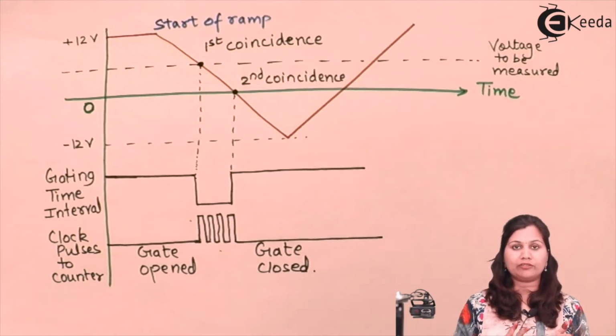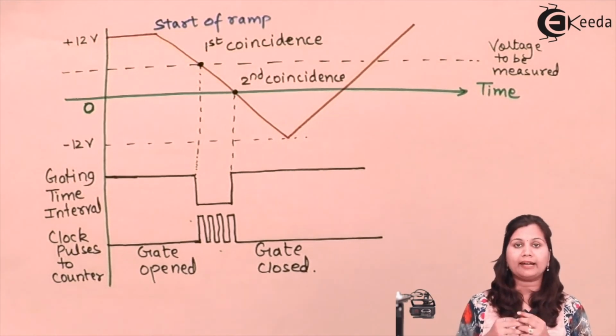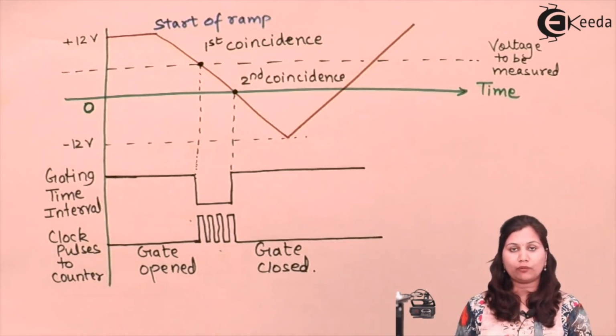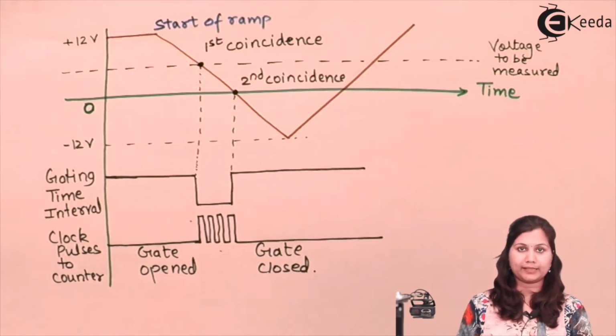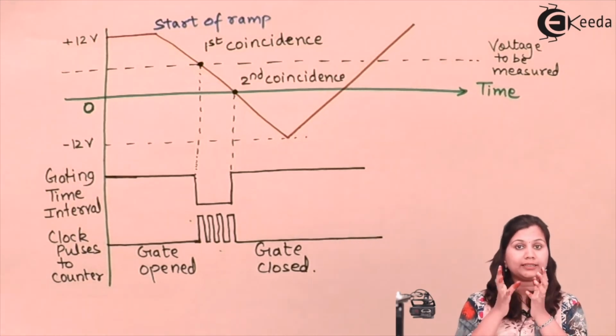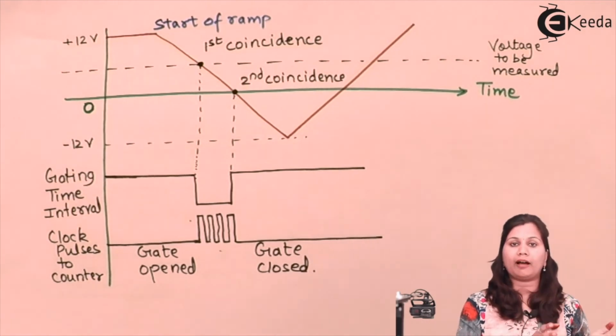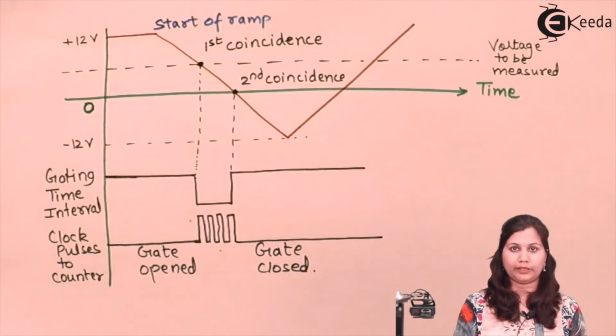Whenever the linear ramp signal is equal to the input voltage, a start pulse is given to the gate, and when the ramp signal is equal to 0 volts, a stop pulse is given. So we are measuring the time interval, and in that time interval the number of pulses will be equal to the value of the unknown voltage.